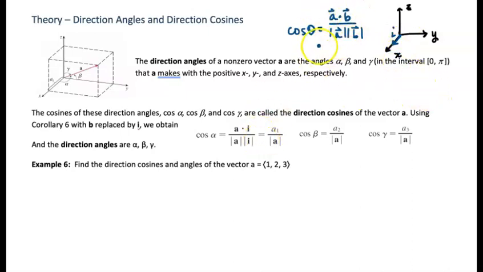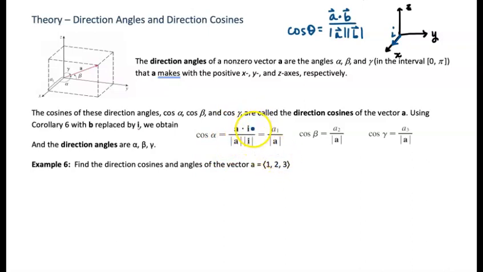So what we're really doing is we're taking this same formula, but we're saying, okay, for alpha, which is the angle between this vector and the x-axis, to find this angle, we are just going to use the dot product between this vector and i, our unit vector in that direction.